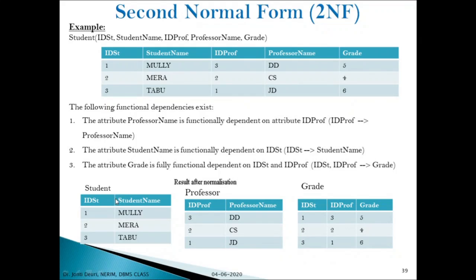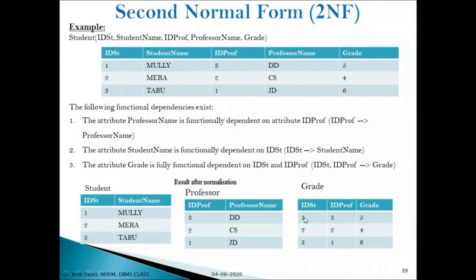Here, if we divide this table into three different tables after normalization, you can see: student name and student ID, student ID 1, 2, 3, and the other student names; professor ID 3, 2, 1, and professor names. Now for the grade we need only the IDs, student ID and professor ID.